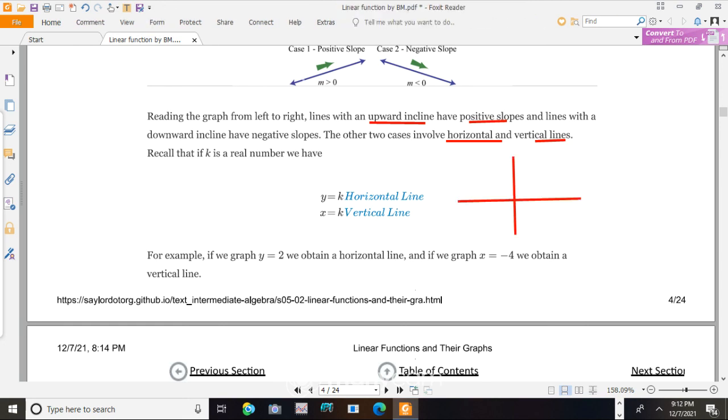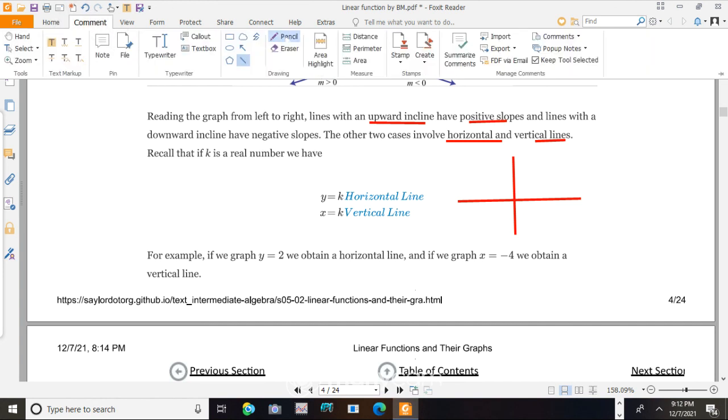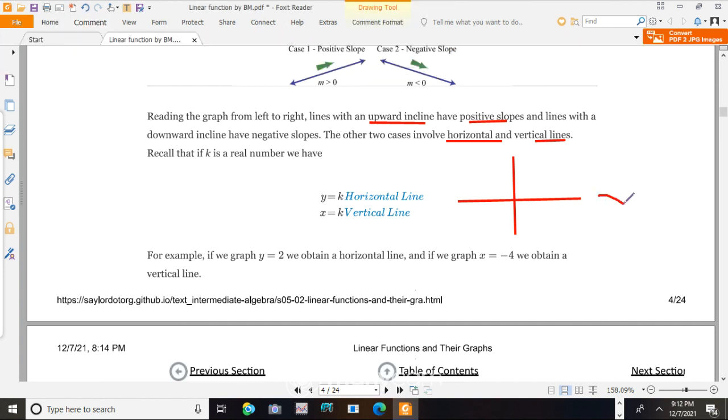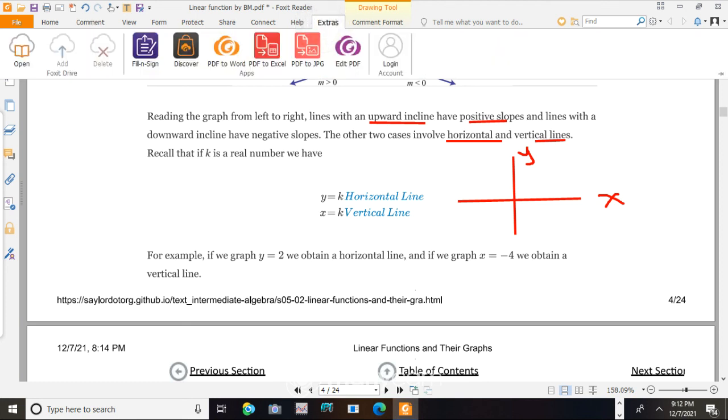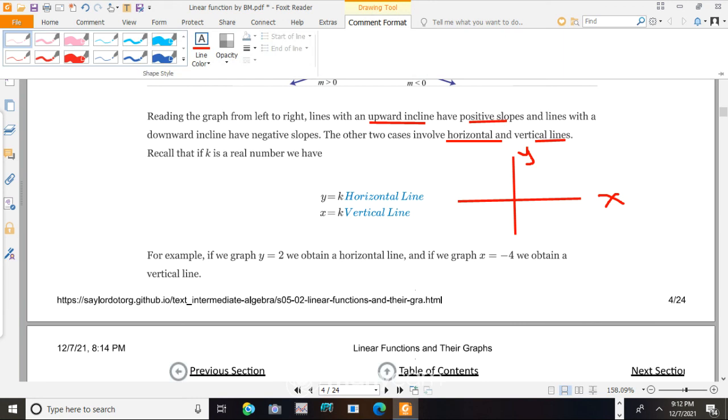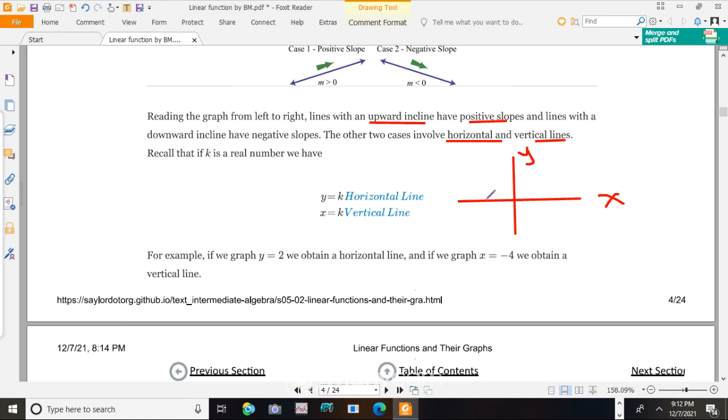Assuming that this is x and this is y, let me show you this one. One is a horizontal line like this, a straight line actually.